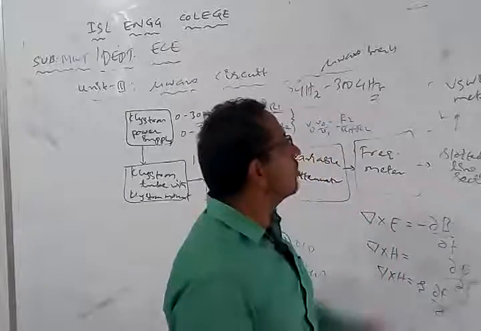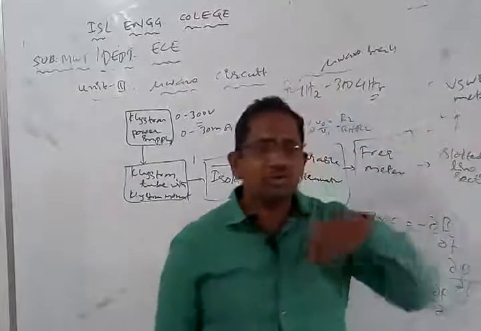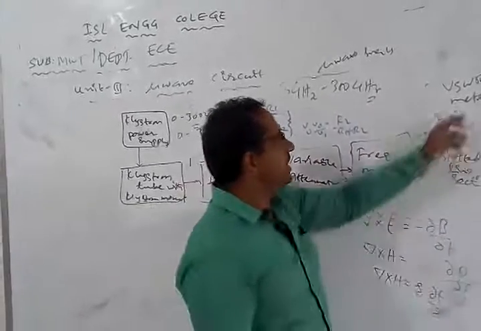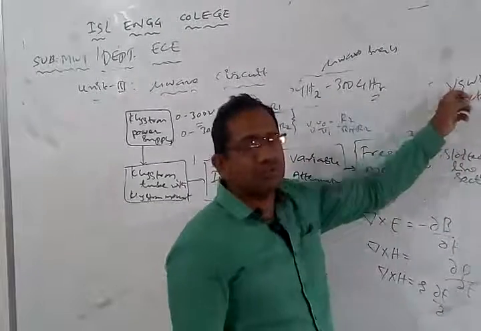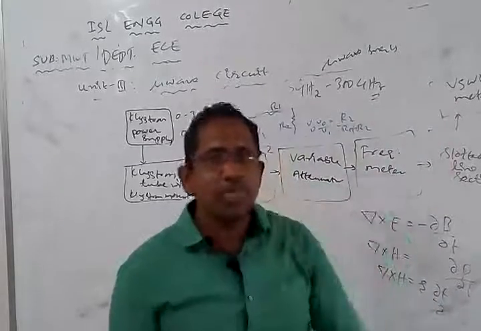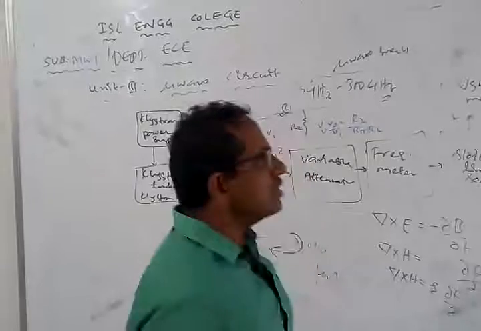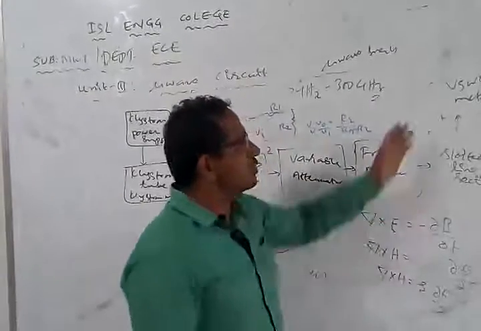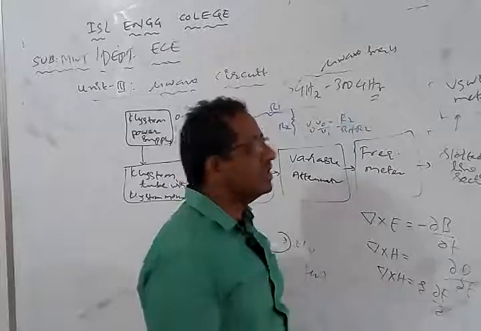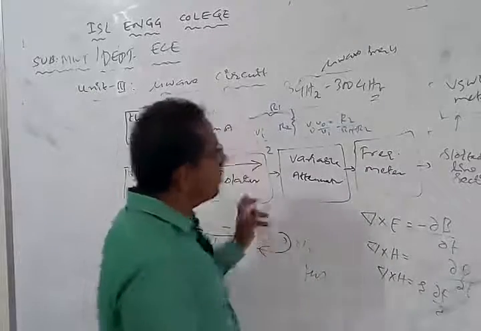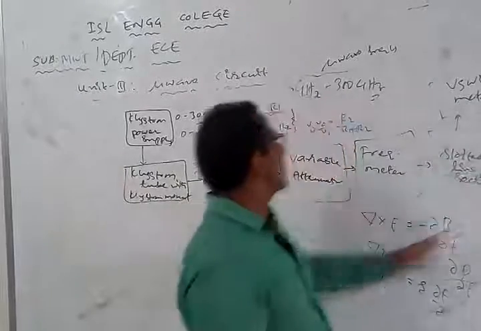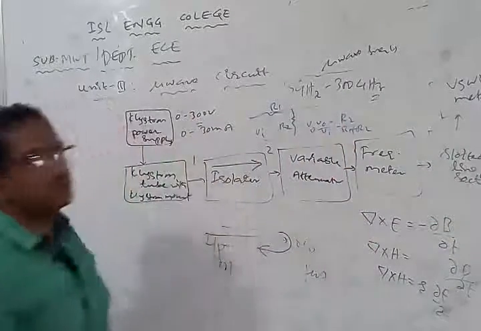The VSWR meter tells us the amount of reflection that has taken place. This VSWR ranges from 1 to infinity. The practical value of VSWR in microwave circuits is around 2 to 5. Then finally you have the load. So this is the basic setup of the microwave circuit.